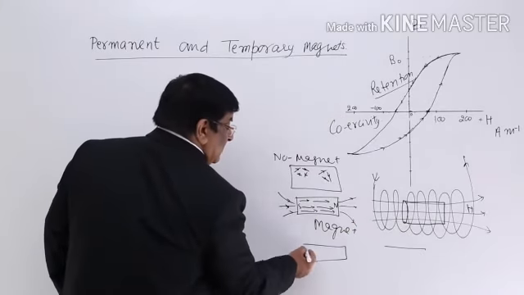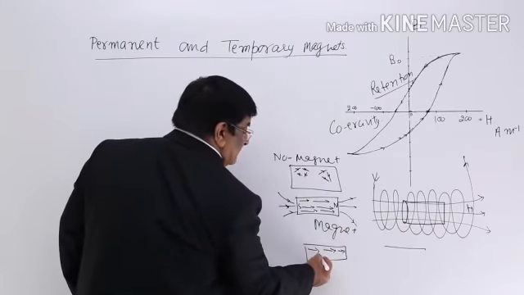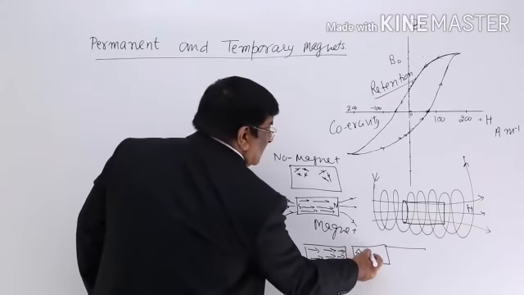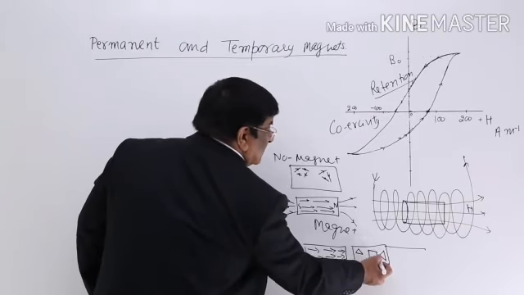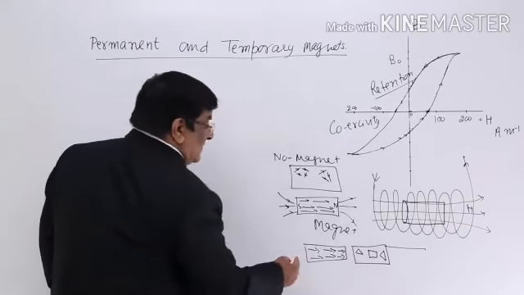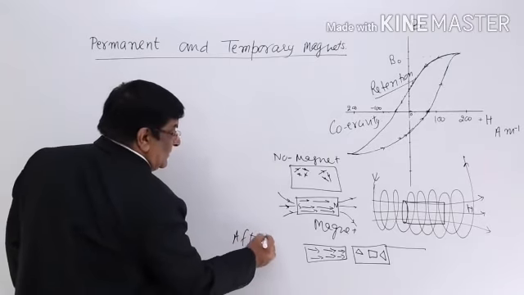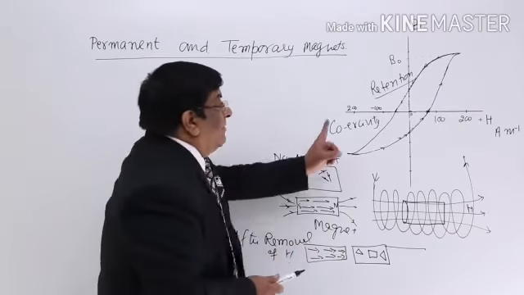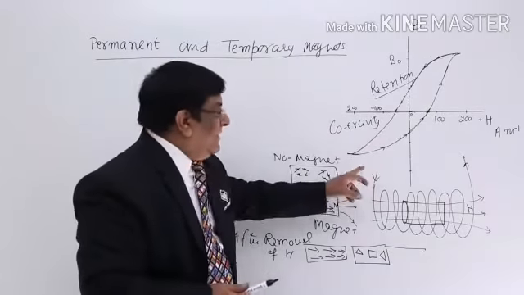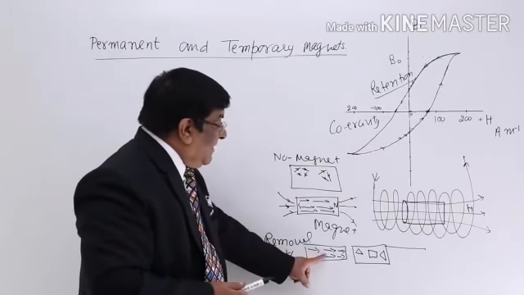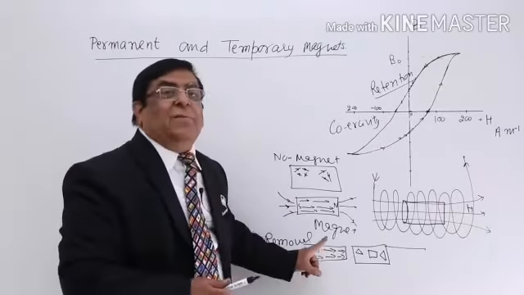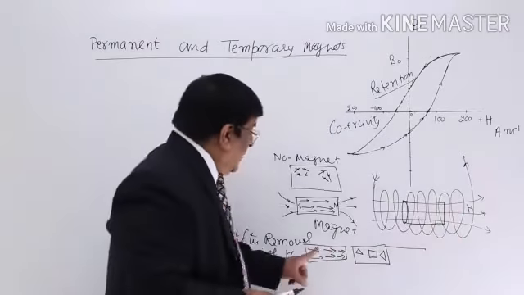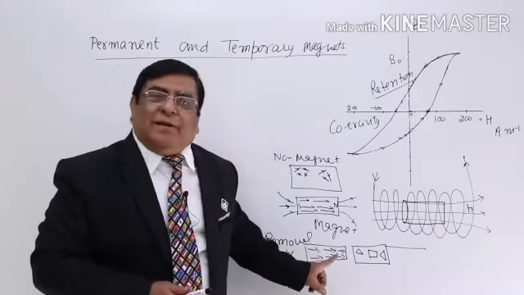The answer is, it may remain like this, or the other option is it may become again like this, and it has lost its magnetism after removal of H. If the ferromagnetic material remains like this after removal of H, then I will call it a permanent magnet, because I have removed this solenoid, I have removed H, and it has remained a magnet. It is a permanent magnet.